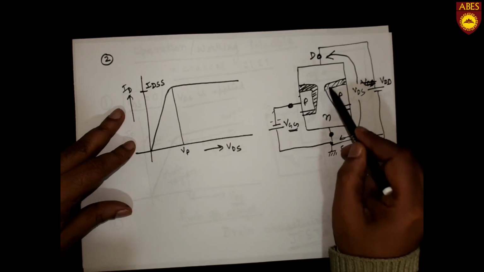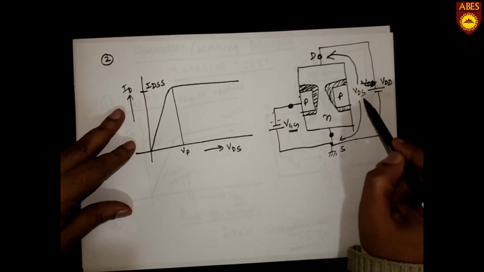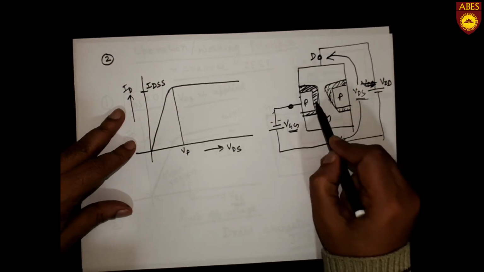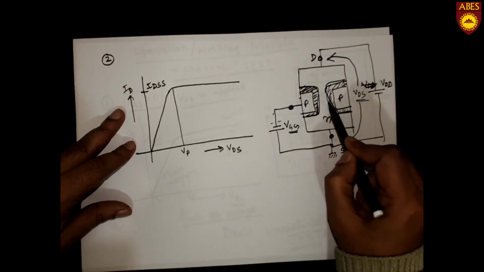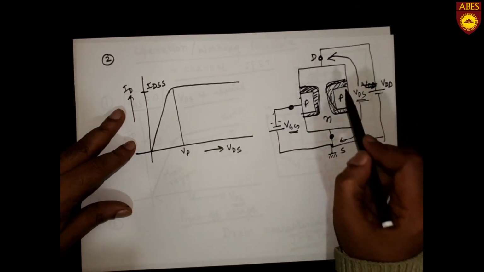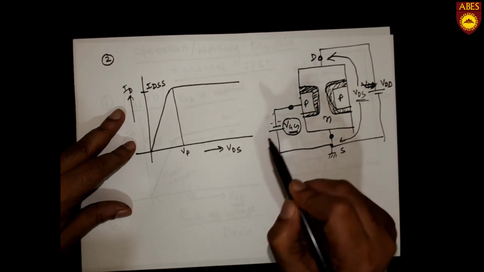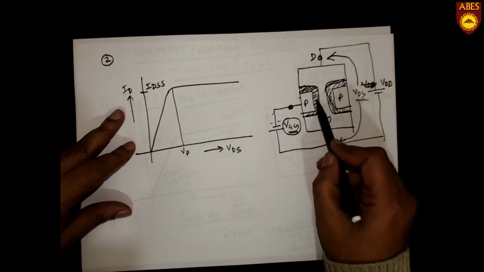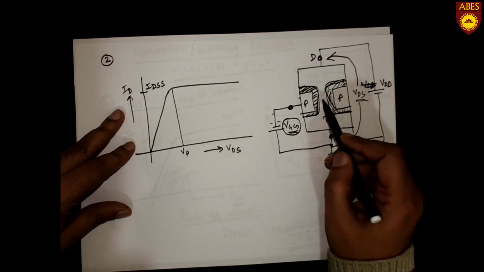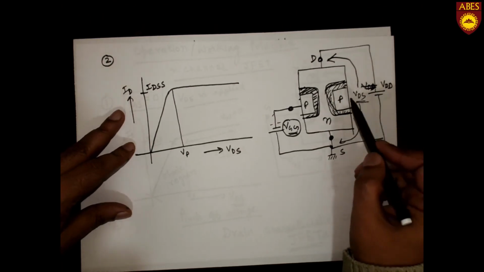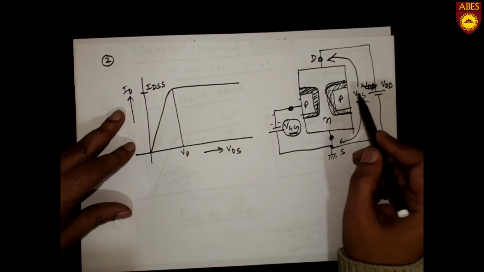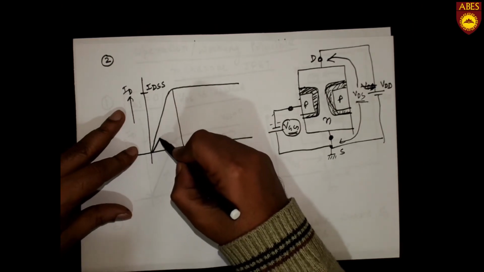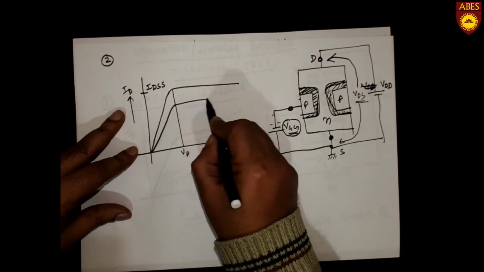That means even before applying VDS, the width is somewhat more. Even if we have not applied VDD so far, because of VGG or VGS there is already a bigger depletion region present, and when we apply VDD or VDS, the width of the depletion region once again starts increasing, and after some amount of voltage it becomes constant.